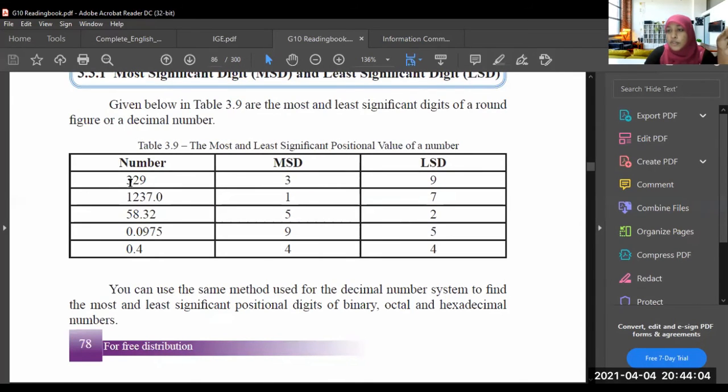That means the position of 3 is 300. 300 means the biggest number. So it is the most significant digit. What is the least significant digit? The position of 9 is the 1s. So that is the least significant digit. The smallest digit here is 9. Got that one?